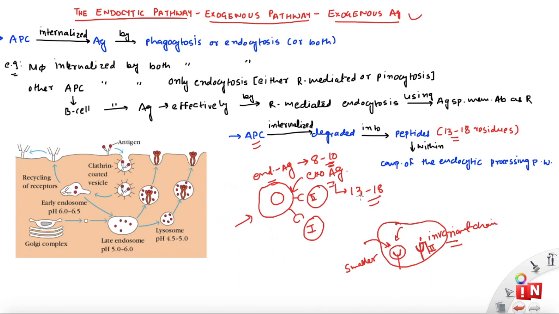Whereas in case of exogenous antigen, the minimum itself is 13 residues. So a peptide larger than the endogenous one cannot physically sit in MHC class 1. Of course the exogenous antigen is not going to sit on MHC class 1, so only endogenous will go ahead and bind. Once it is bound, it will carry out the presentation to our TC cell.